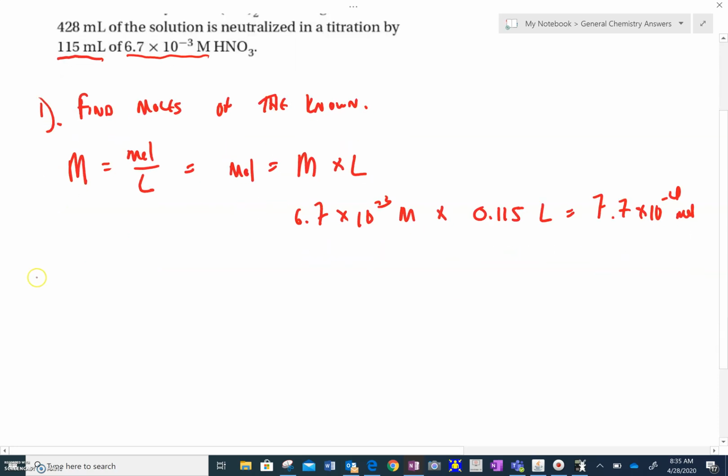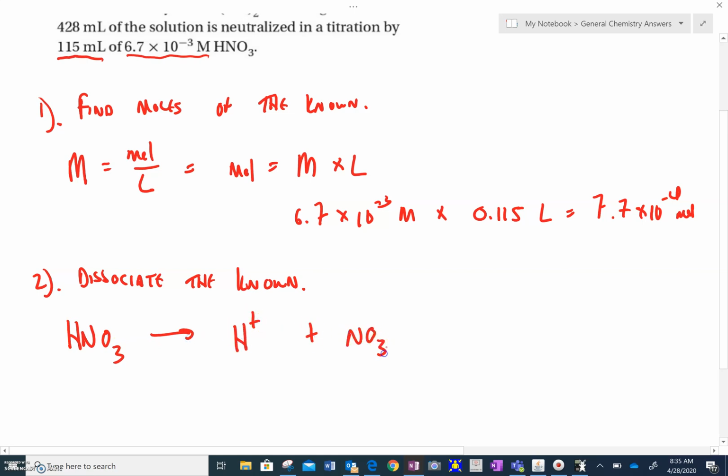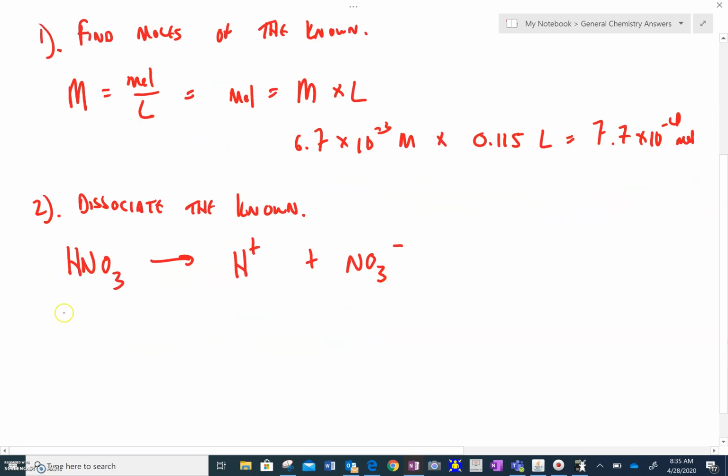All right, our second step, okay? We're going to dissociate this known. What we mean by that is we know that HNO3 dissociates into H plus and NO3 minus.